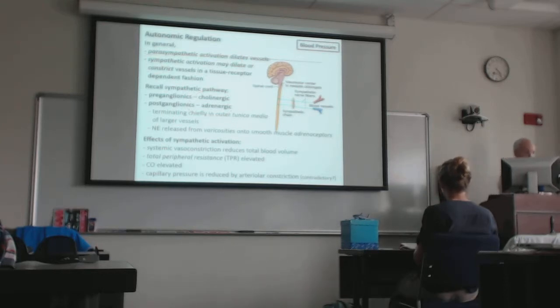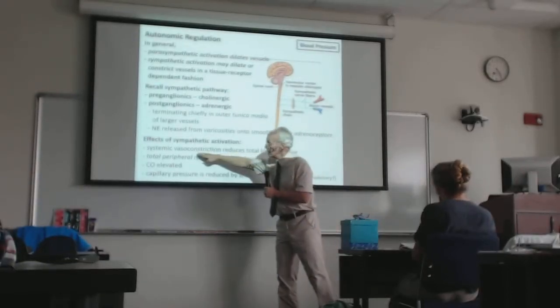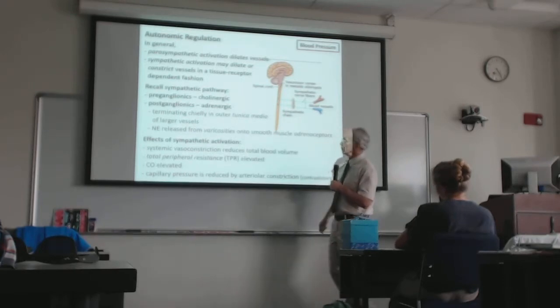All right, so with respect to generalized sympathetic activation, we're going to get systemic vasoconstriction as a rule, but again, it's going to depend upon the tissue. Make sure you understand what I mean by this.